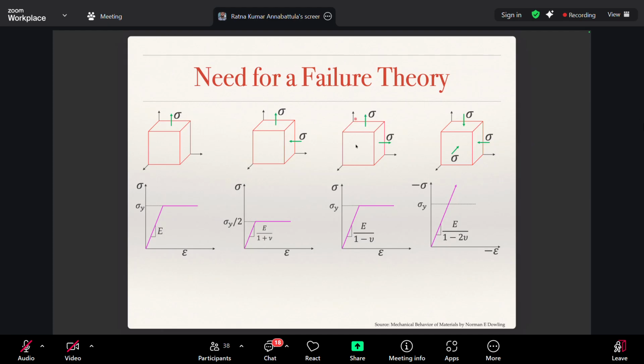What is the third state? Sigma 1 is equal to sigma, sigma 2 is equal to sigma and sigma 3 is equal to 0. What do you get?